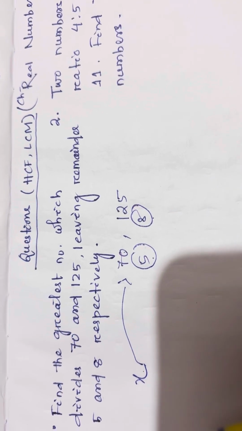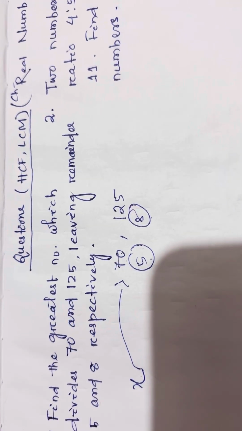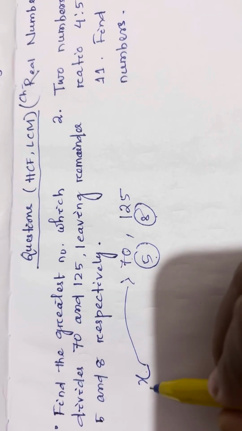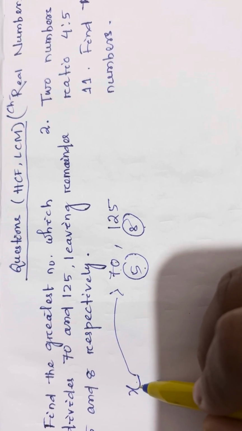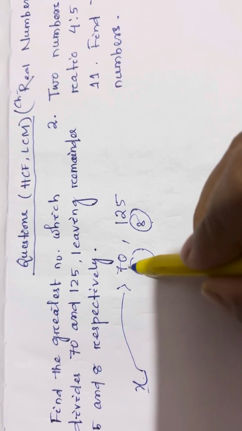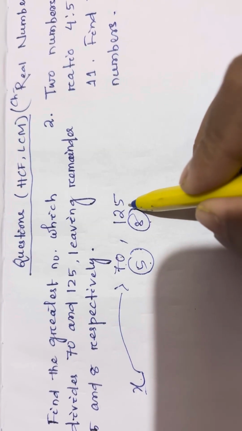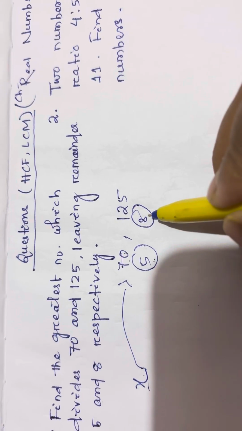So x is doing the work of a divisor here, and 70 and 125 are the dividends. When it is doing the work of a divisor, it can be a factor or a multiple. Of course it is a factor, but it is not dividing 70 or 125 exactly. It is just leaving some remainder 5 and 8.